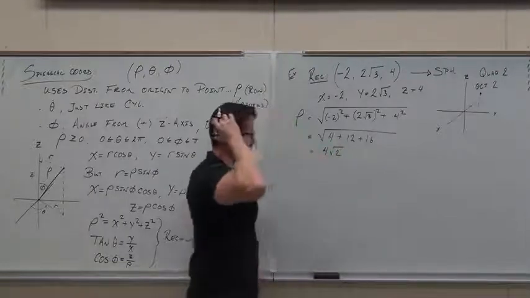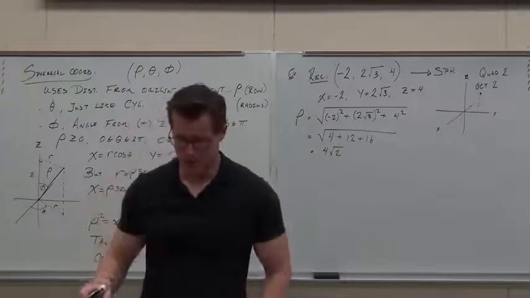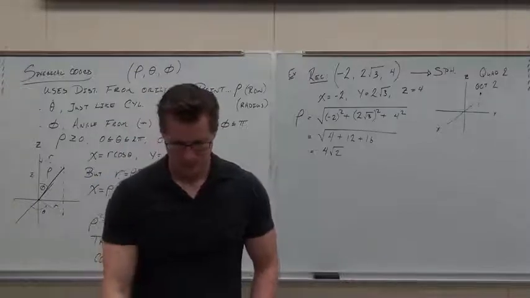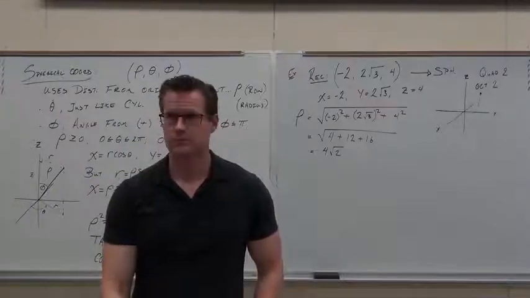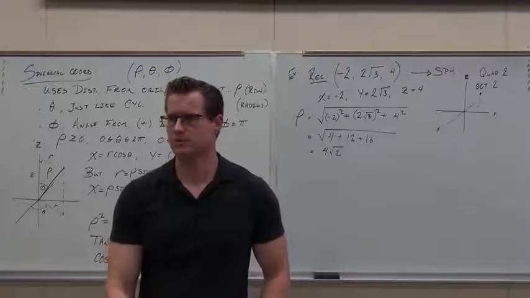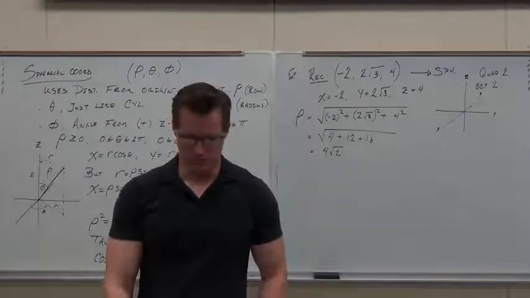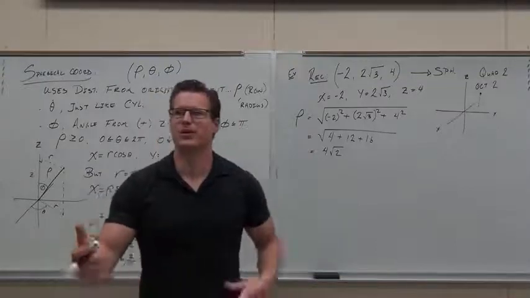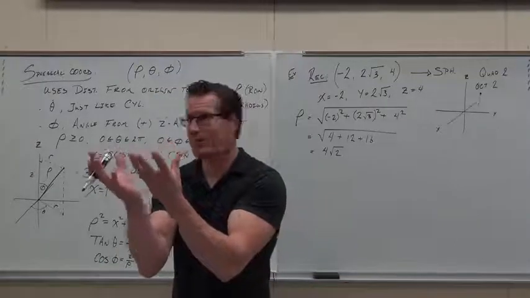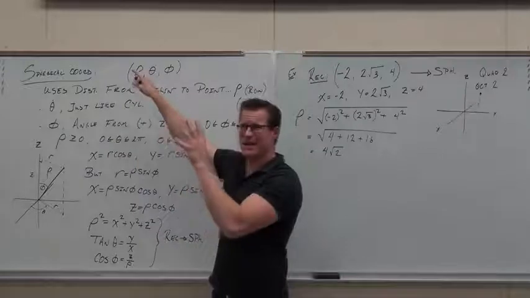I think it's 4 root 2. I'm pretty sure. Square root of 32, 4 root 2? Yeah. Double check. Yes. Triple check. You got the same thing I got? Use a calculator, whatever. What else do we need? Come on, quickly. What else do we need? We got a rho.